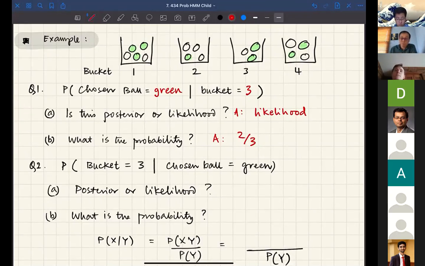So pretend that the chosen ball is green, or I tell you that the chosen ball is green. What is the probability that this ball came from bucket number 3? Is this a posterior or likelihood? Have fun.